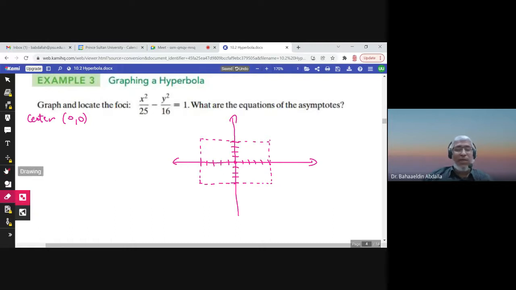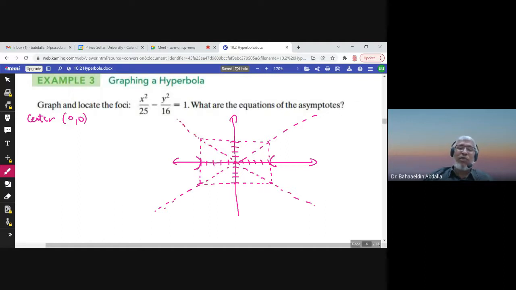So where are the vertices? X squared is positive, so these are the vertices here. This is the transverse axis. Draw the diagonals of this rectangle. These are the diagonals, the asymptotes. The diagonals pass by the endpoints of the fundamental rectangle and the center.